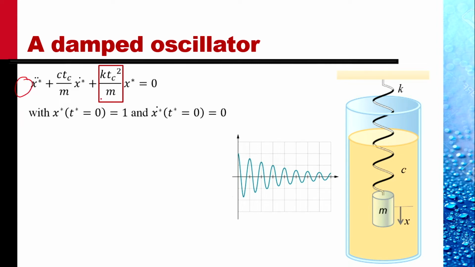So for this term to be present means that this coefficient should be of order 1. And if this is of order 1, then this suggests that tc may be chosen as square root of m by k without any loss of generality.